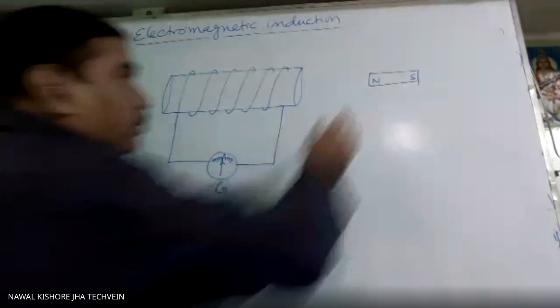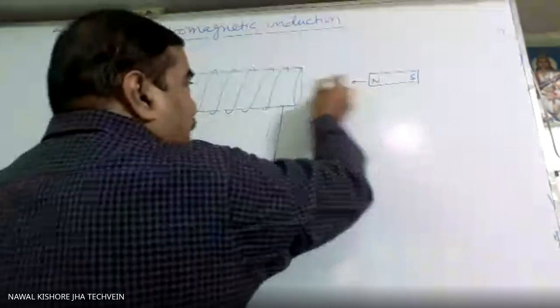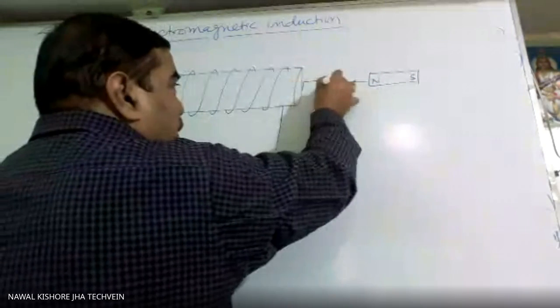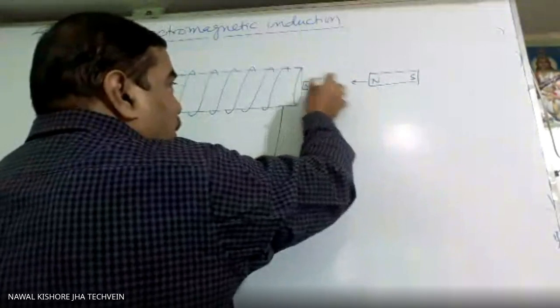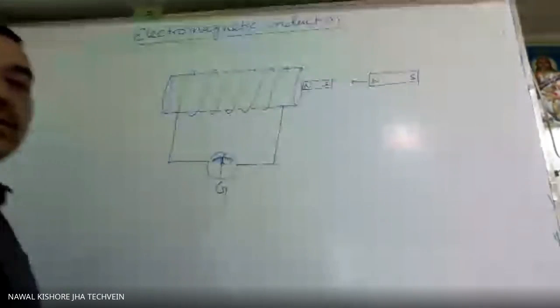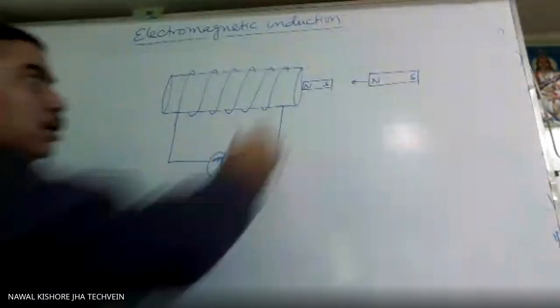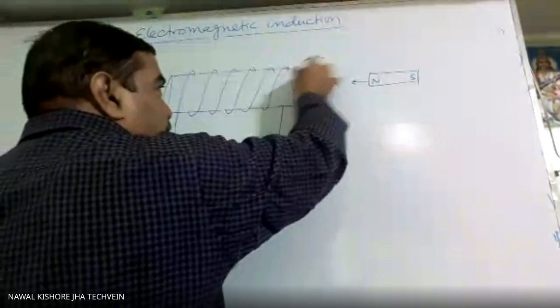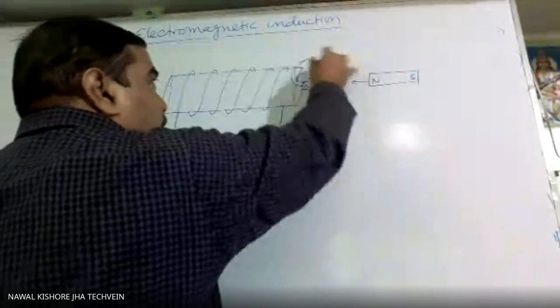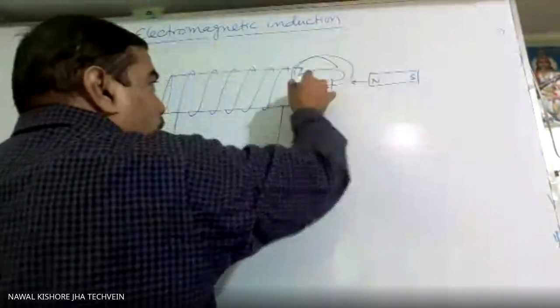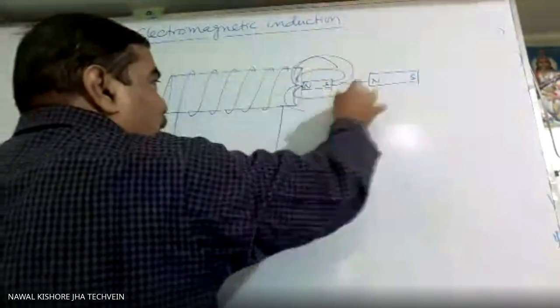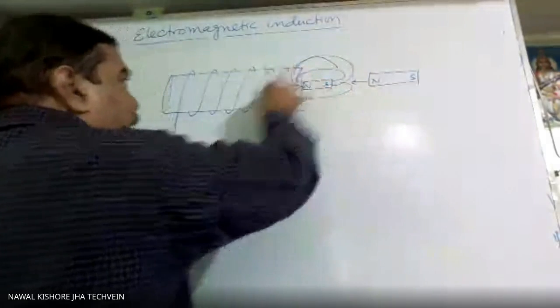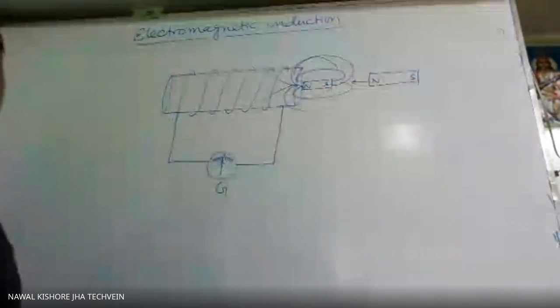Suppose the magnet has come to this place. Here the magnetic lines of force which are coming this way will start crossing this coil.